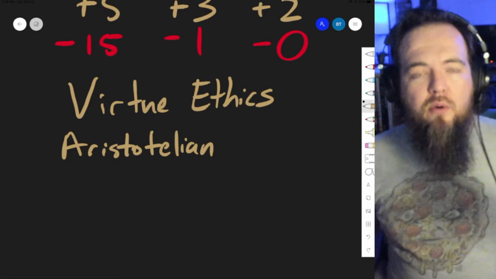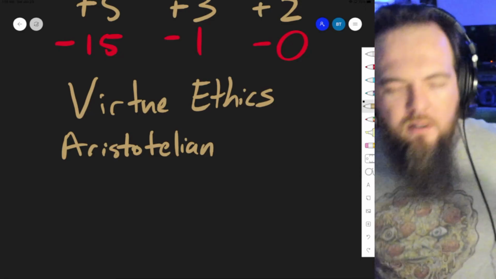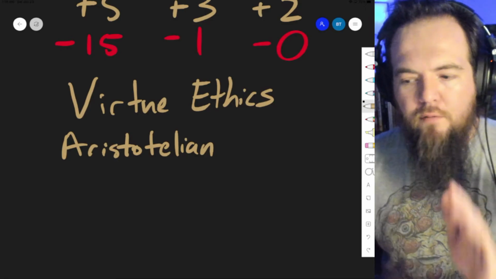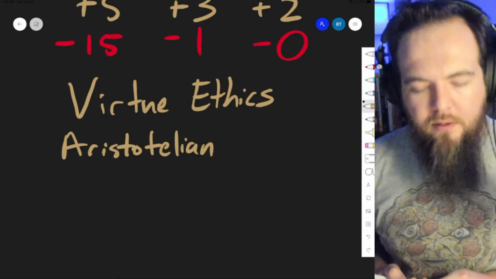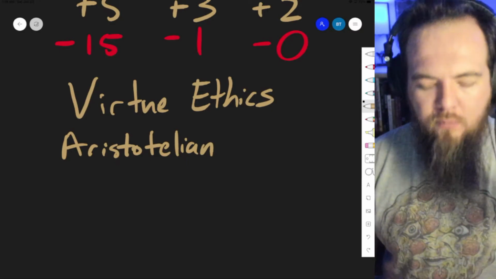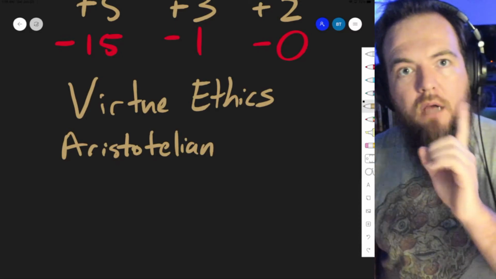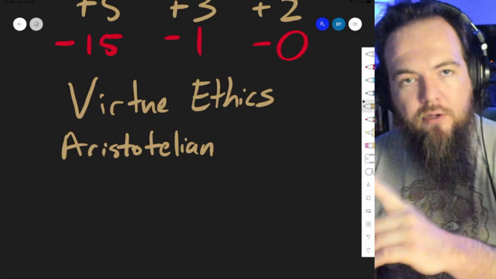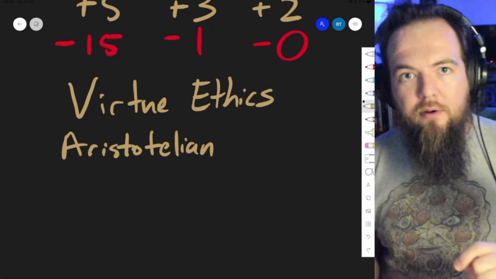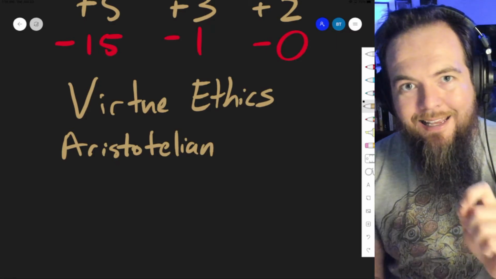And I'm also going to give you a very traditional or orthodox interpretation of Aristotle, even though there are other interpretations possible. So for virtue ethics, it's not an act-based moral theory, right? Like Kantian ethics or consequentialism or utilitarianism, right? Those are looking at specific actions. Rather, what we're doing here is we're assessing character.